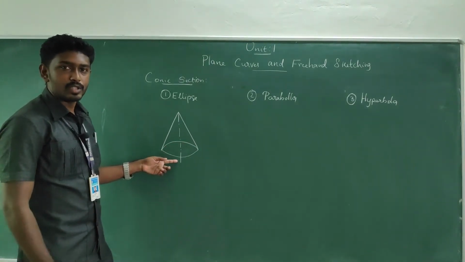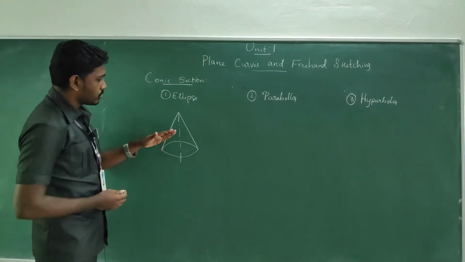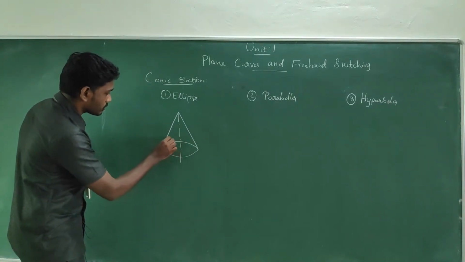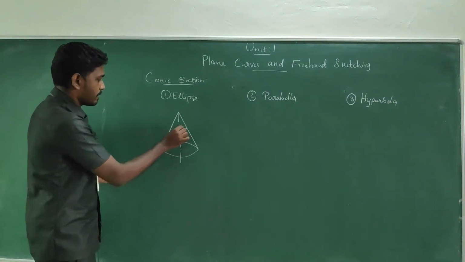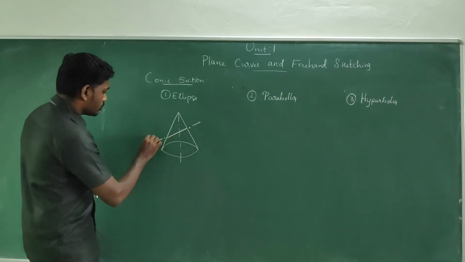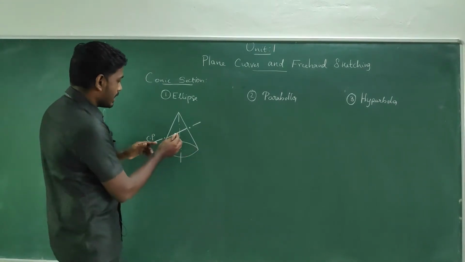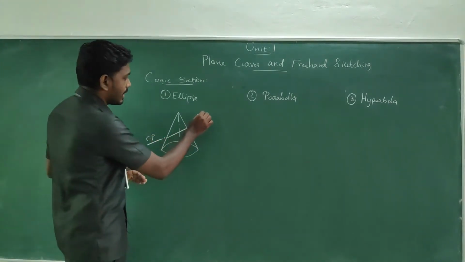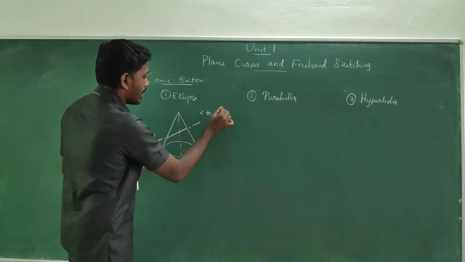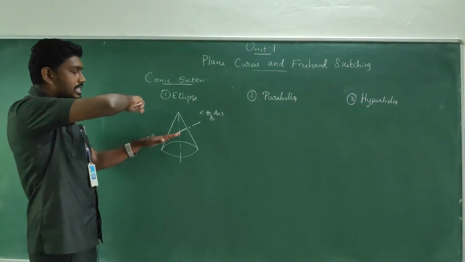And when the cutting plane cuts this cone in this manner, that means when talking about the cutting plane position, I can say the cutting plane is inclined to the axis, and it cuts all the generators.